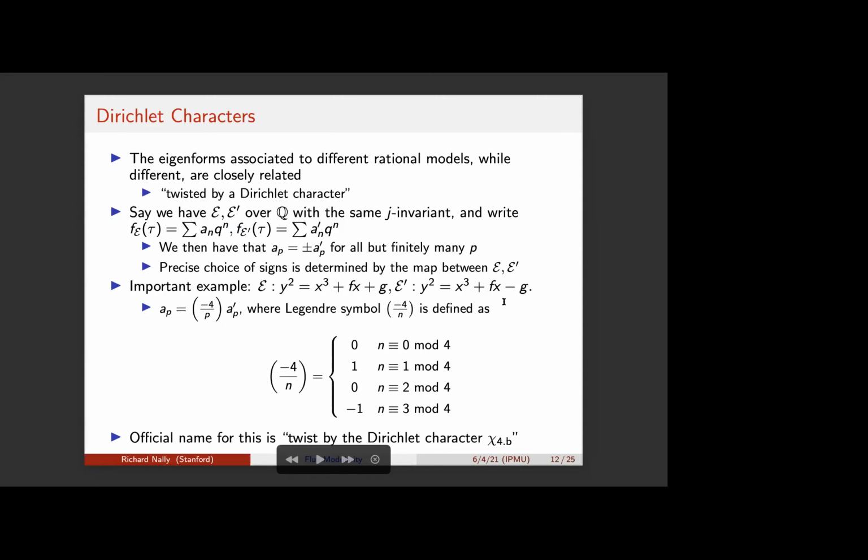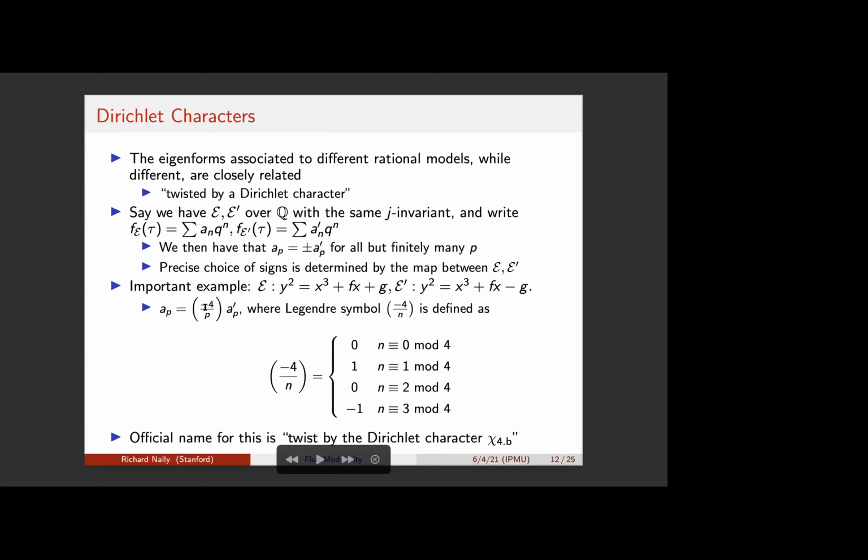So let me be a little bit more concrete. I'm going to talk to you about an important example, which is going to come back later. Let's say I have y squared is equal to x cubed plus fx plus g, and y squared is equal to x cubed plus fx minus g. This is an example we're going to see later, so I want to go through it carefully. For all but finitely many primes, a_p is equal to the Legendre symbol of -4 over p times a_p prime, where the Legendre symbol gives you a choice of plus or minus sign based on the parity of p mod 4.